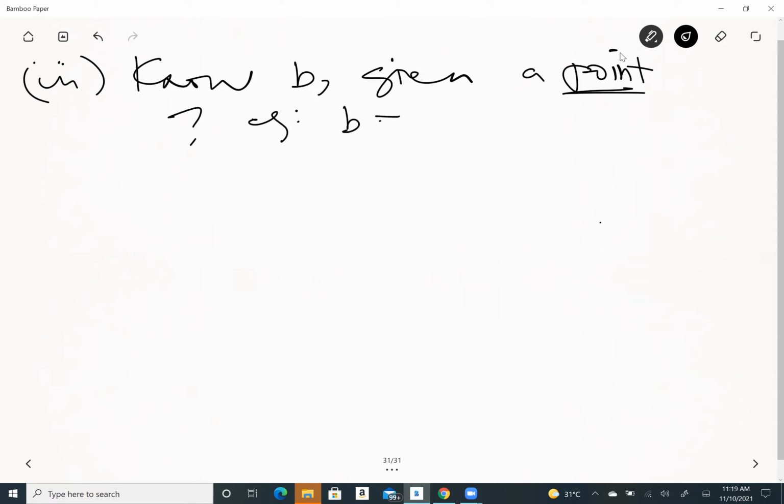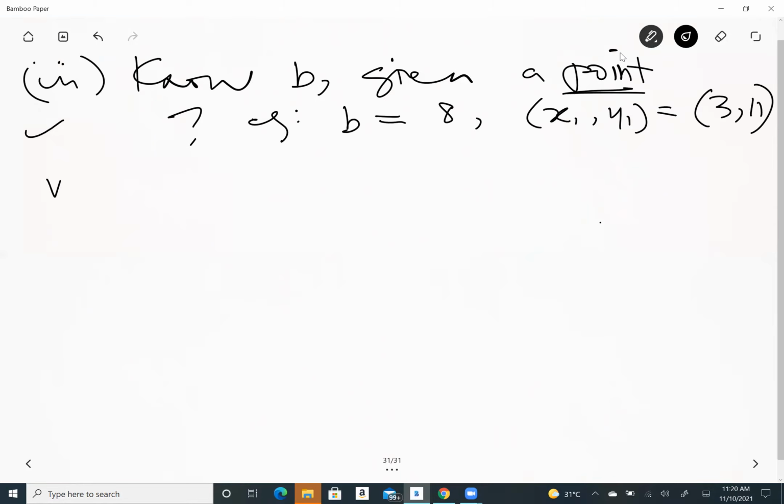Let's say B equal to 8, and we are given a point, I call it x1, y1, equal to 3, 11. So you have to find M. All right, so that is one.